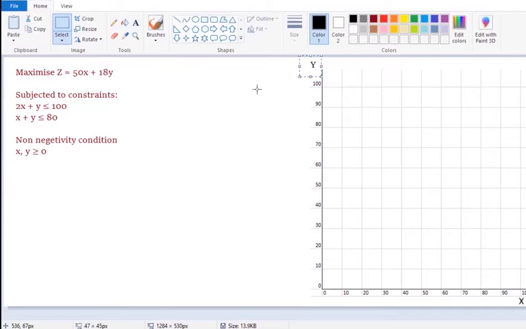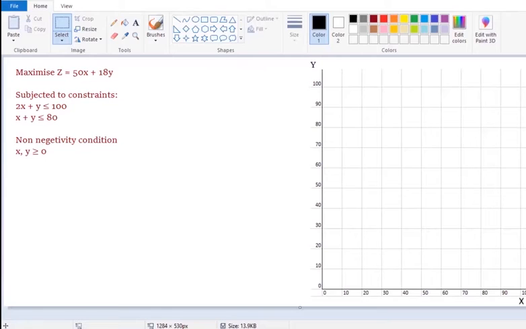Now the first thing I have to do is convert the constraints into equations. Jashna, what is the first constraint here? 2x plus y less than or equal to 100.